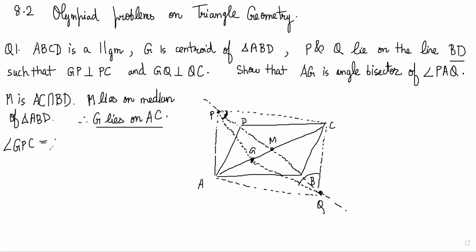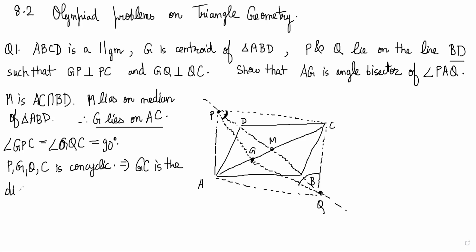Now we know that angle GPC is equal to angle GQC, both 90 degrees. So we can say that the quadrilateral PGQC is cyclic. And therefore GC is the diameter of the circle circumscribing PGQC.